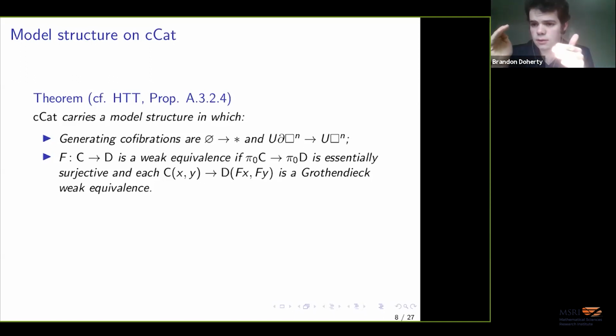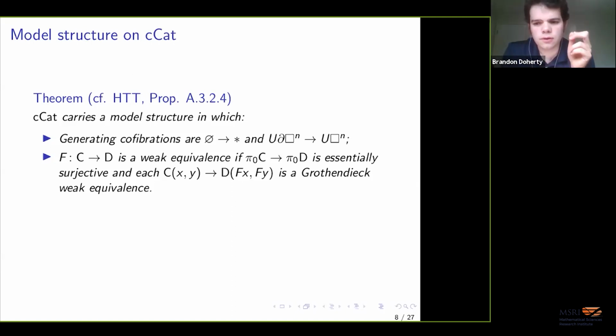U of a cubical set is what I defined two slides ago, where you've just got that one cubical set from X to Y, and all the others are trivial.